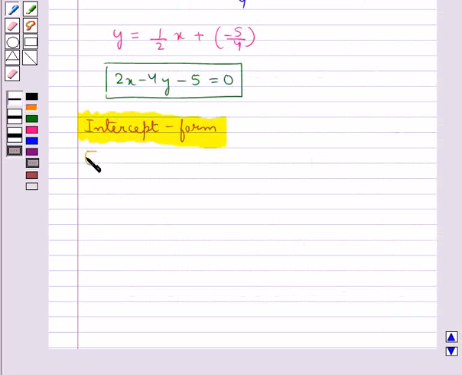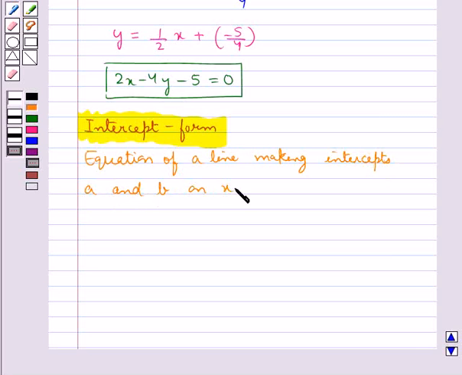So the equation of a line making intercepts A and B on x-axis and y-axis respectively is given by x upon A plus y upon B equal to 1.